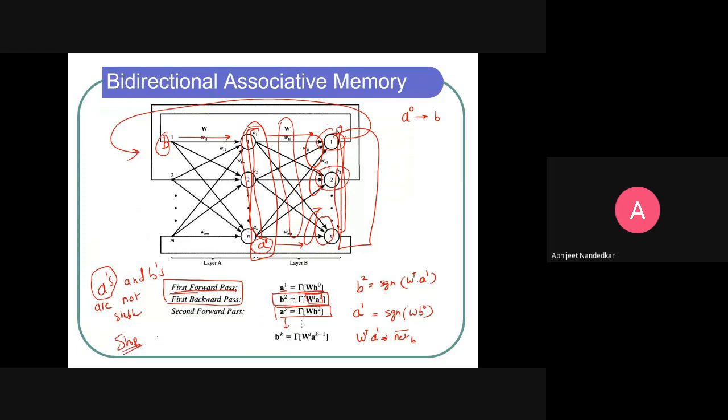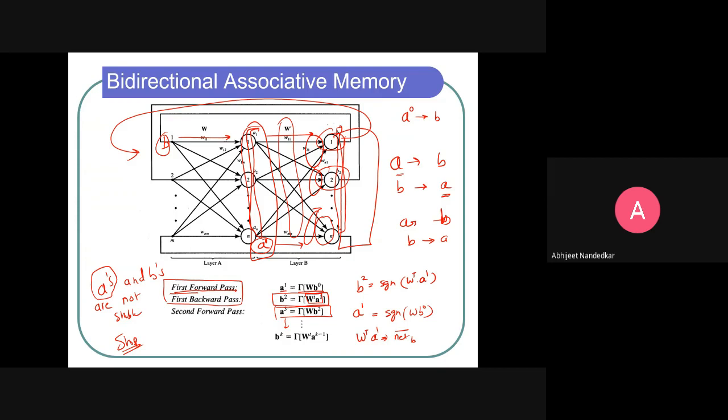Okay, so if you start with vector A, you should settle and you will get vector B. If you start with B, then you will get settlement at A. So if you supply A, you will get B. If you supply B, you will be retrieving A. So that's why it is called bidirectional.